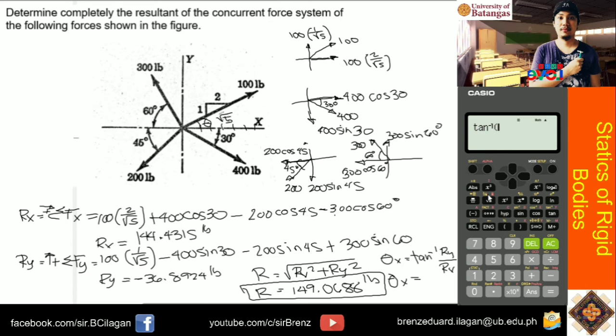Divided by alpha. TOA, opposite, right. So, negative 14, because it's negative. 14.3288 degrees.